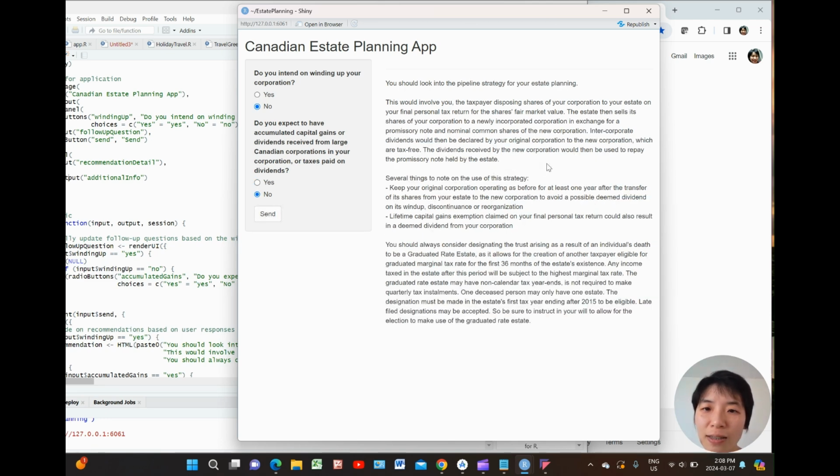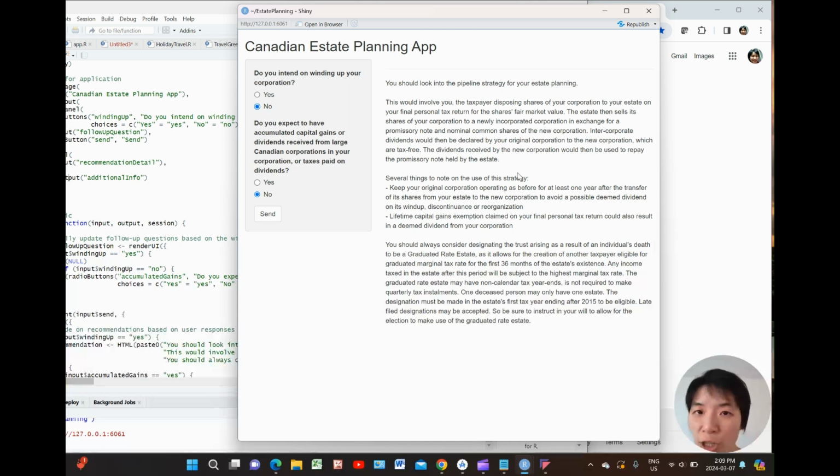I would say this is probably the most commonly used strategy in Canadian estate planning. This would involve you, the taxpayer, disposing shares of your corporation to your estate on your final personal tax return for the shares' fair market value at that time. And the estate then sells its shares of your corporation to a newly incorporated corporation in exchange for a promissory note.